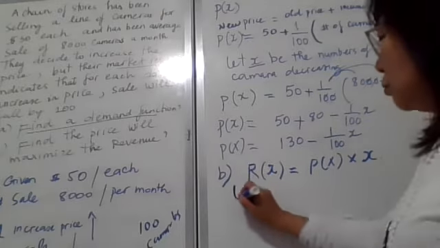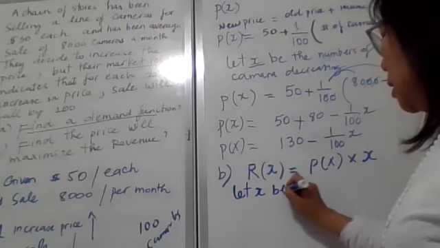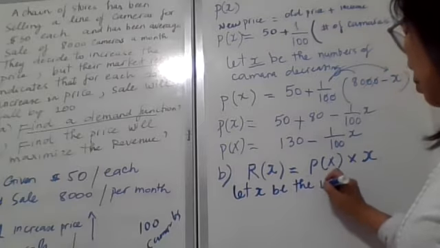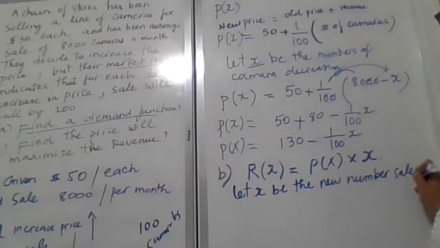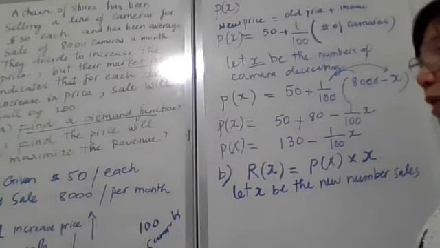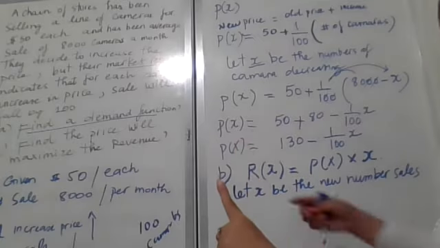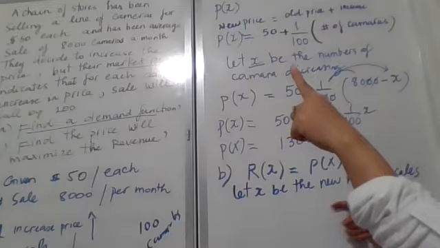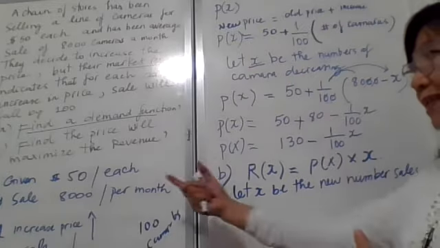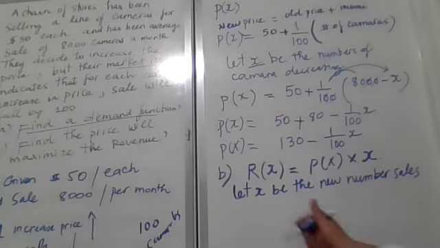So here in this question, let X be the new number of sales, which we don't know. It could be 6,000, could be 7,000, or whatever, depending on how many cameras go down. But we know it will be going down, not going up, because they said that if we raise the price by $1, then 100 cameras will go down. So X is the number of sales, but it will be less than 8,000.